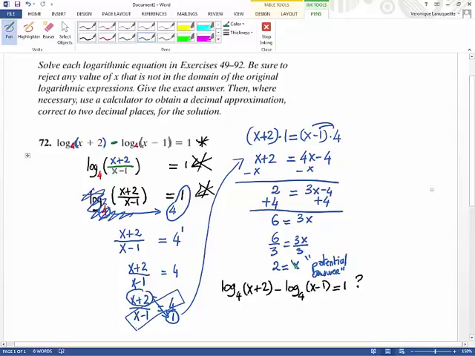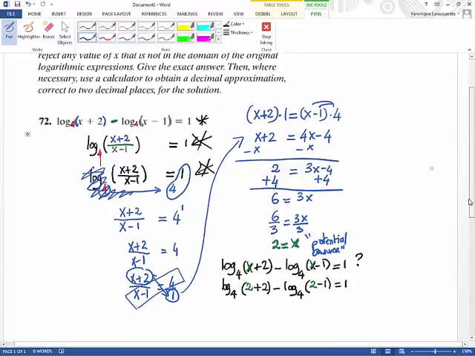And we're going to check that when we replace x by 2. So instead of x, put a 2. So we're looking at finding if log base 4 of 2, taking the place of x, plus 2 minus log base 4 of, again, x being replaced by 2, and then minus 1, is that 1.